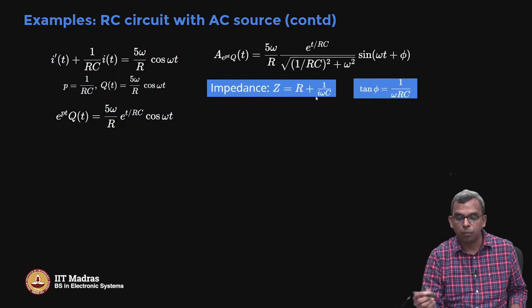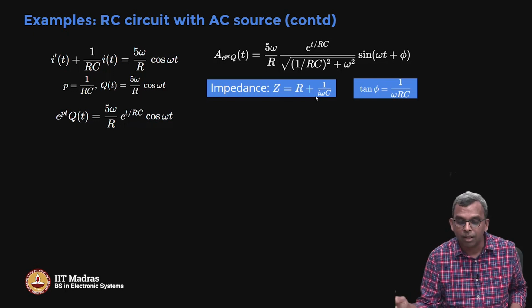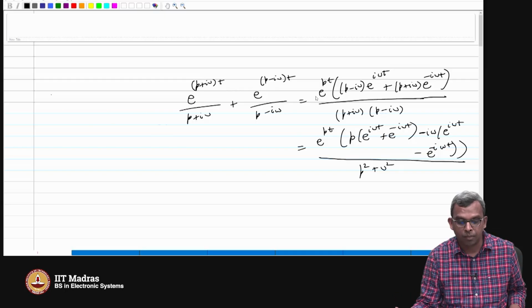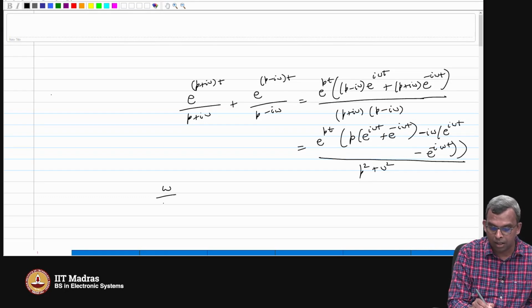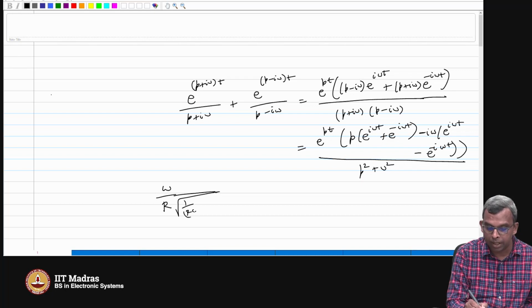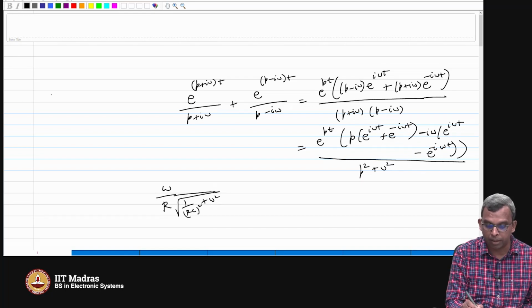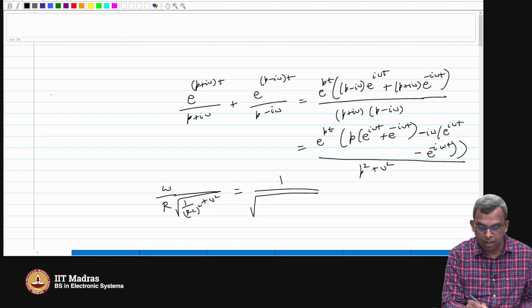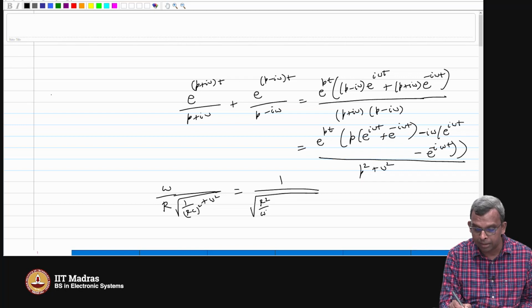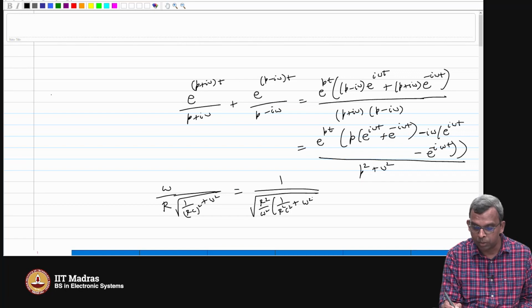So what happens here, you notice this expression, right? I have here omega by R root of (1 by RC) squared plus omega squared, right? So what I will do is, I will write this as 1 by square root of, right? So this R by omega will come, and then R squared by omega squared will go inside, times 1 by R squared C squared plus omega squared.